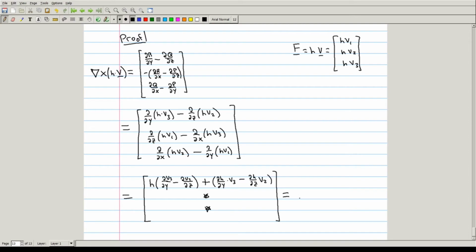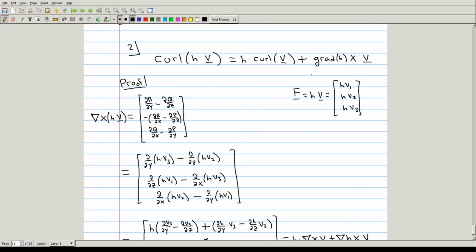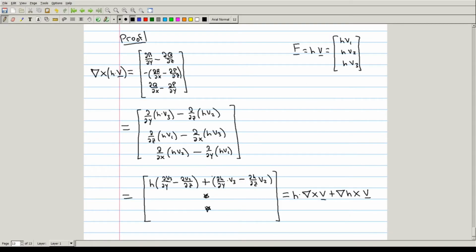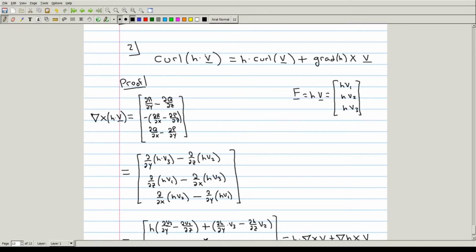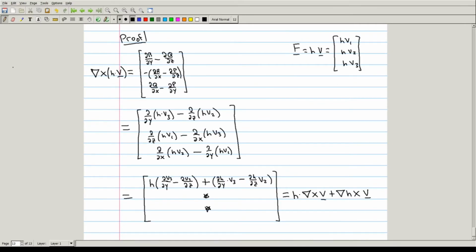You can decompose the vector into h times the curl vector of v plus the cross product of the gradient of h with the vector v, and this is exactly equal to what we get when we simplify. So this is a very useful simplification many times when we have to take the curl of a scalar field times a vector field.